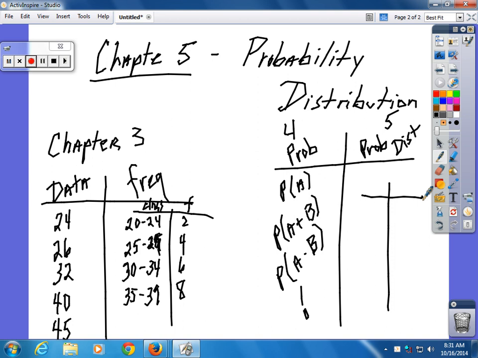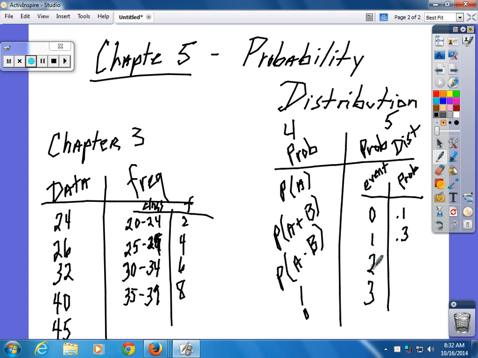Over here you're going to have the event, and over here you're going to have the probability. And it'll look something like this: 0, 1, 2, 3. The probability of 0 events happening is 0.1. The probability of 1 event happening is 0.3.